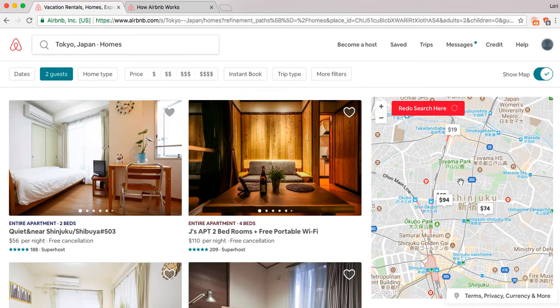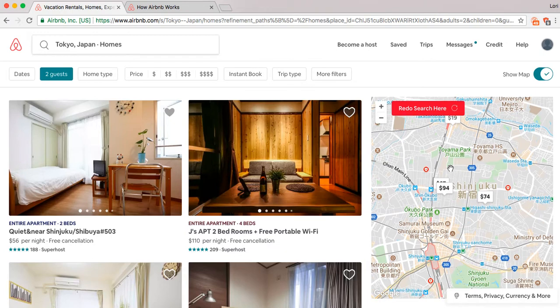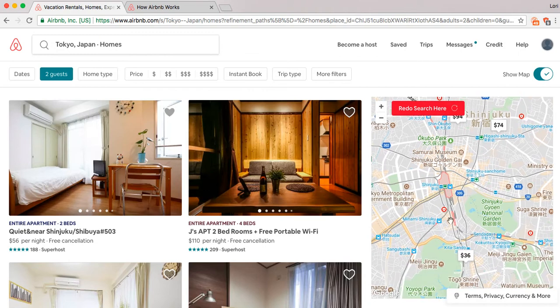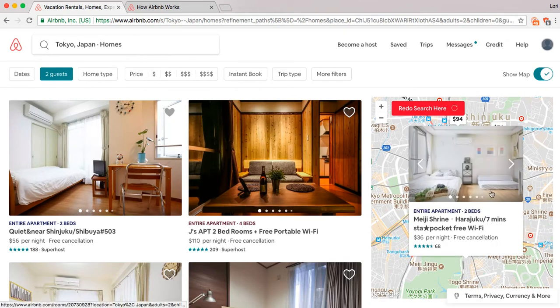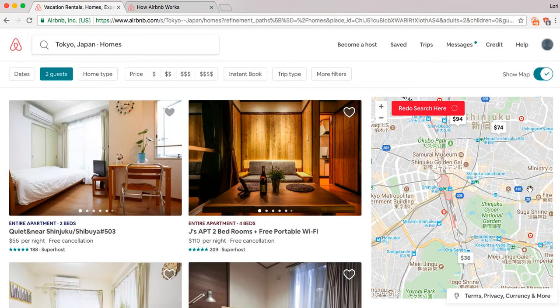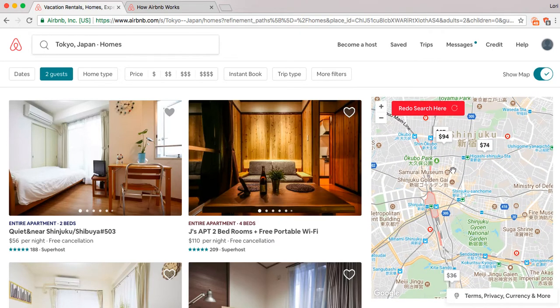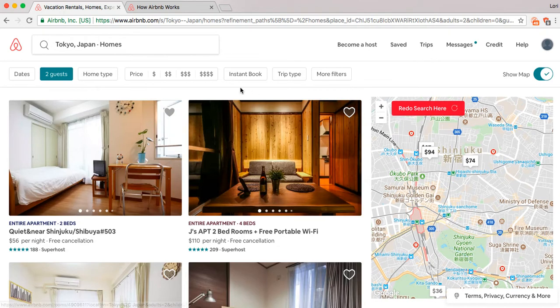You basically just need to take an extra train that will probably take you maybe 25 or 30 minutes of your time in order to get to the city, and you're going to be saving 4 times as much as you would booking a centric location on Airbnb. So definitely keep that in mind. Location is key. Look at this one too, $36, entire apartment, 2 beds, a little further away from the city center. So that's my third advice to you guys.